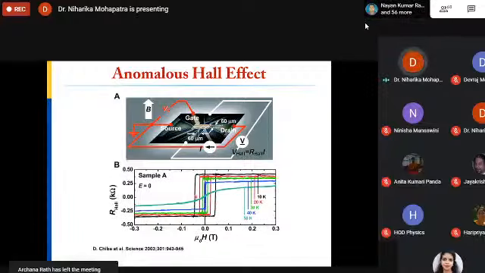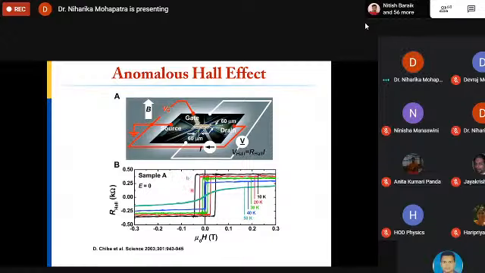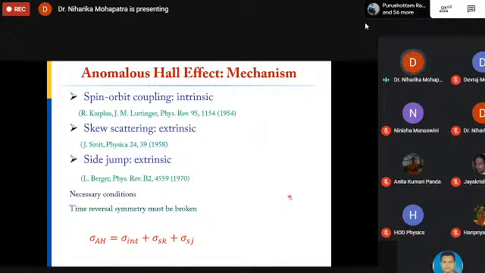The anomalous Hall effect. Below the ferromagnetic transition, you can see the Hall resistance varies as the magnetization of the material. There are several mechanisms, some intrinsic and also extrinsic.